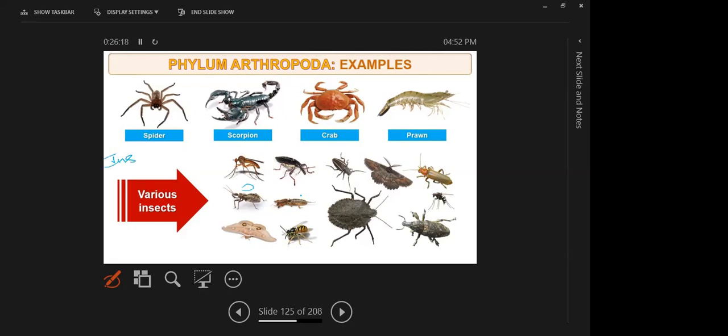Insecta is the largest. Under Insecta also there are so many classes. Some have a pair of wings. Some have double pairs of wings. Correct?